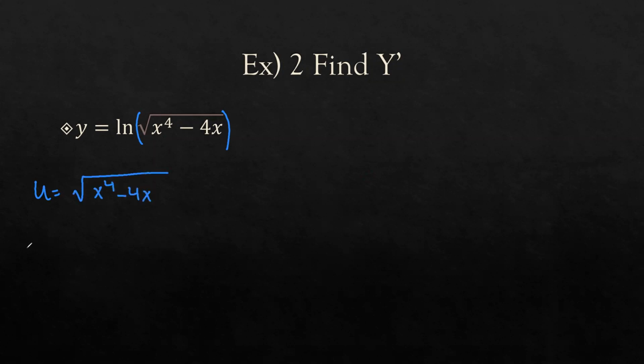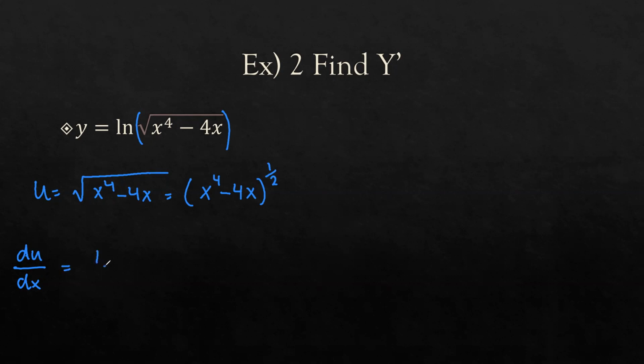How do you find du dx? What rules do we use? We're going to use the chain rule and the power rule. The square root of x to the 4th minus 4x is equivalent to parentheses x to the 4th minus 4x raised to the 1/2. So we have to apply the power rule and chain rule.